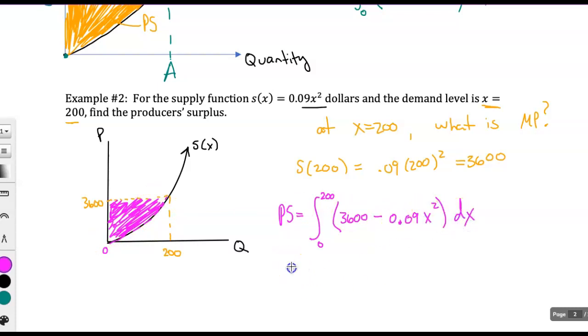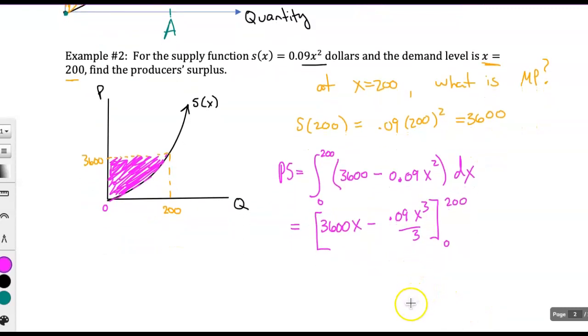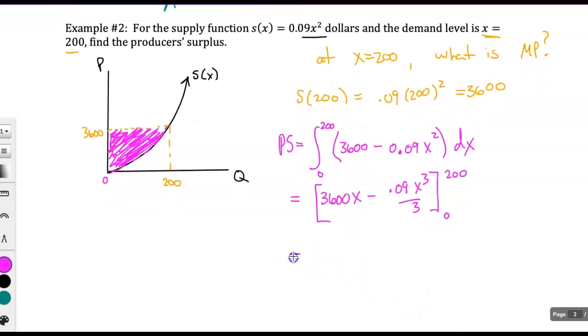dx. If I integrate, you add 1 to the exponent and divide by the new exponent. So 3,600x minus 0.09x cubed divided by 3, and we evaluate that from 0 to 200. On a test, they probably wouldn't ask you to do this without a calculator. They'd probably make the numbers work out better, but you can simplify a little to help.